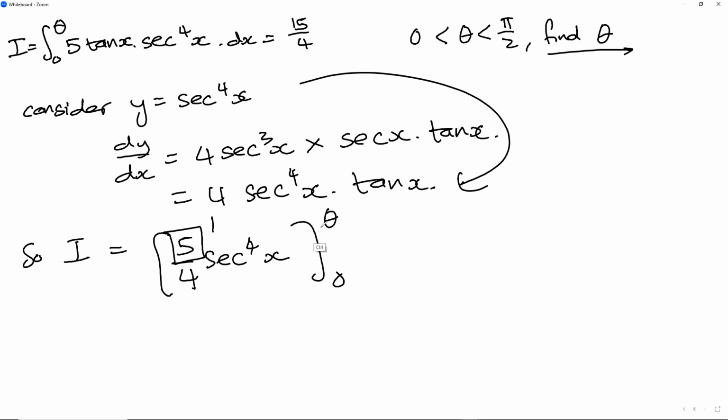Okay, so I got 5 over 4 sec to the power of 4 x. Now all I need to do is substitute this in, and it will get me 5 over 4 sec to the power of 4 theta minus 5 over 4 sec to the power of 4 of 0.